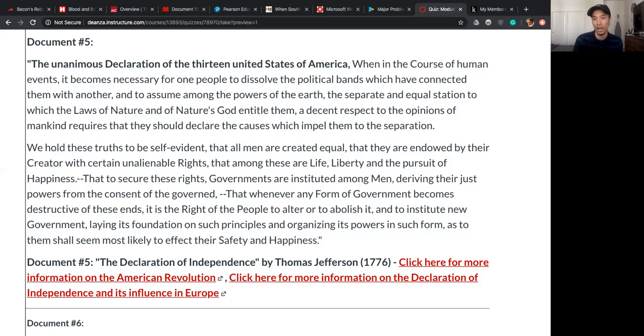So go back to John Locke and figure out what he was saying about government's role and its responsibility to its people, and what happens when the government fails to provide and protect its people. What right do people have to do? So I really want to recommend that to you.